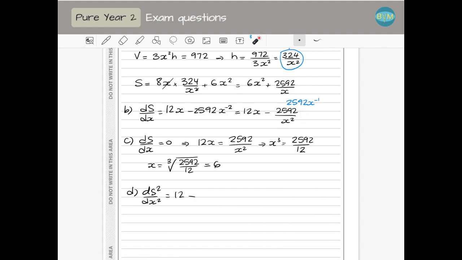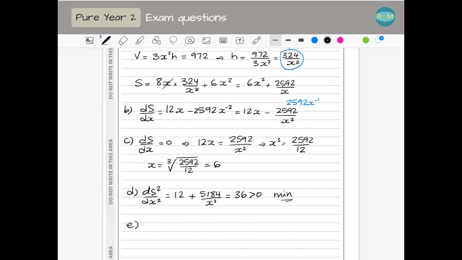So I multiply this number together with the minus by minus 2, so I have positive 5,184, and then x to the power of minus 3, or divided by x to the power of 3. When we do this, I don't have the value, give me a second. So 12 plus this value, it is 36, which is positive, which means it's a minimum. That's what we have to check.